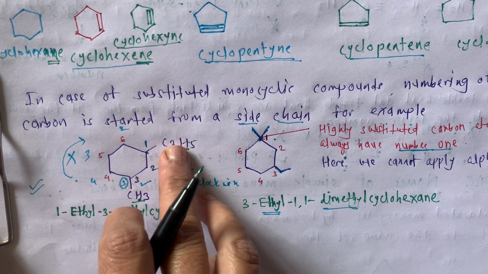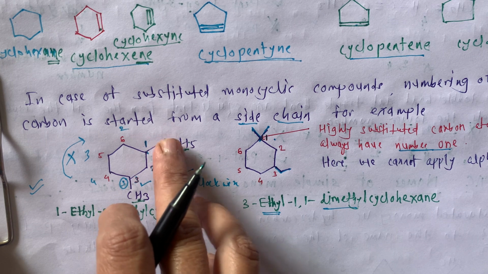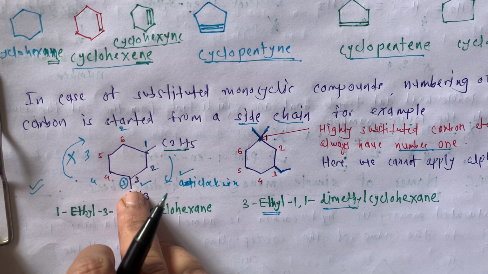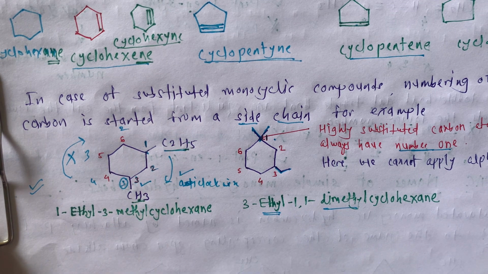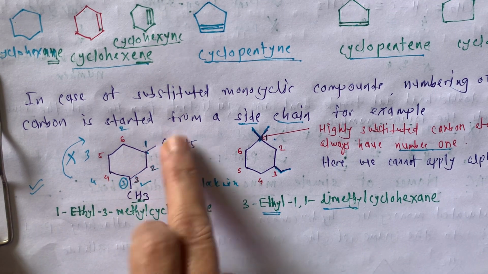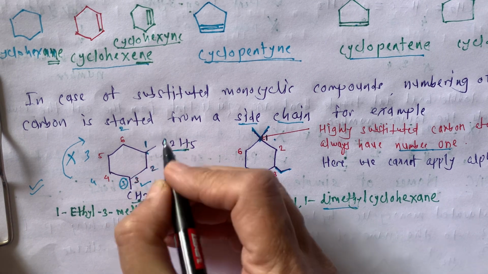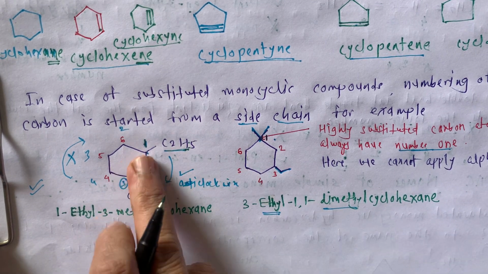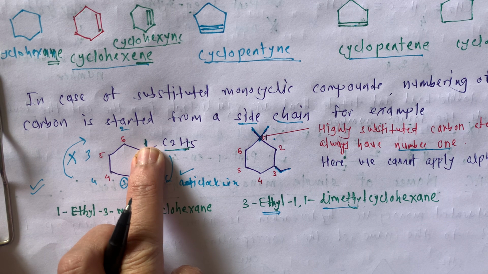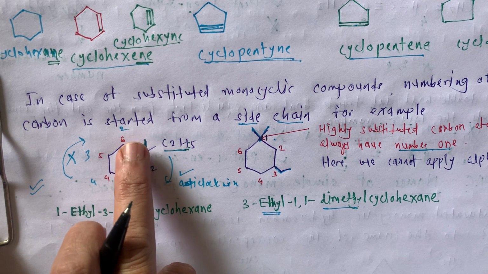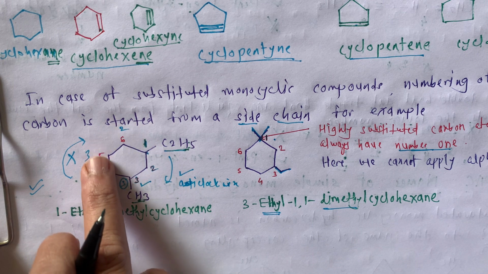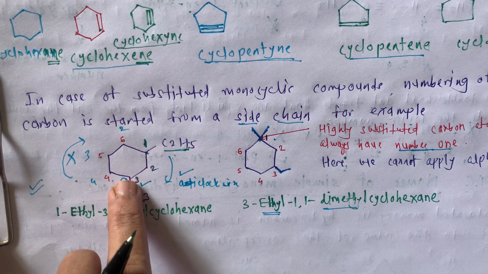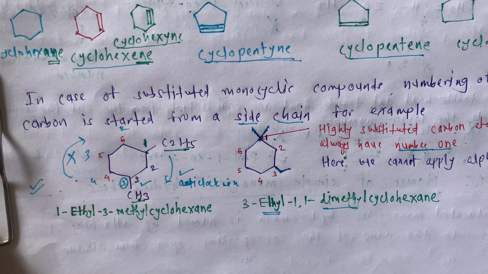Means if an ethyl group is there, then E comes before the M of the methyl group, so the ethyl group should have the lowest possible number. Now here there is ethyl and there is methyl, so we should number this ethyl as 1, the lowest possible number. And from here we have to consider whether we are going to give anticlockwise or clockwise numbering, again based upon the substituent.